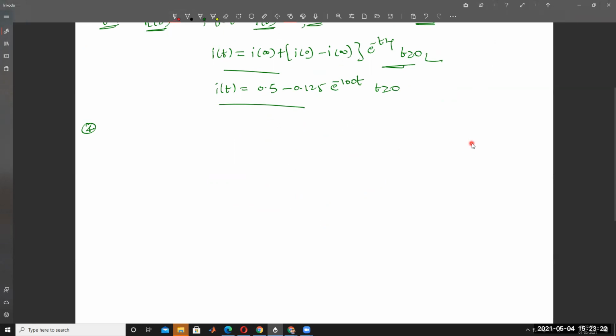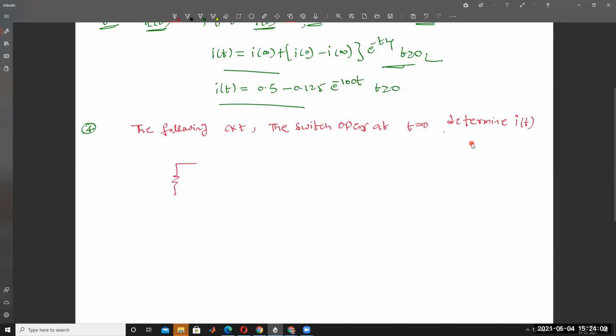In the following circuit, the switch opens at t equals 0. Determine I of t for the circuit.